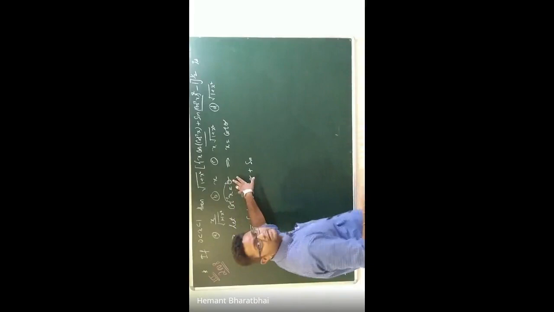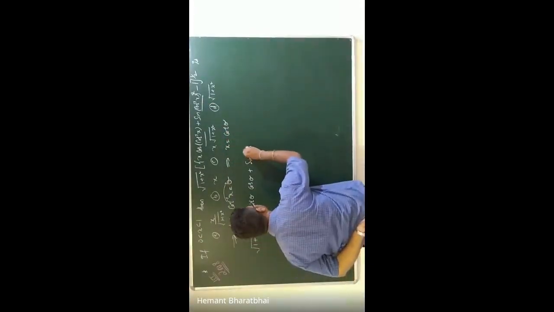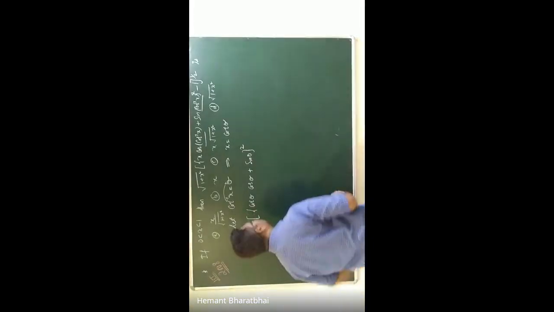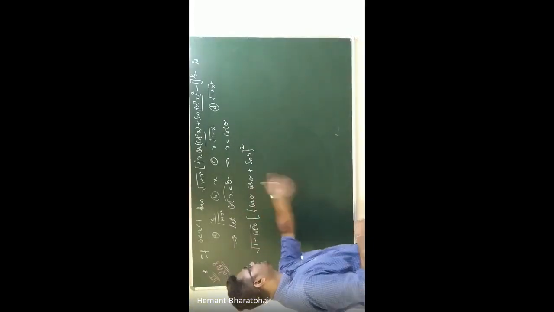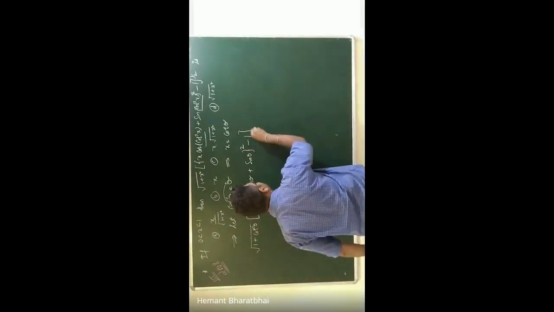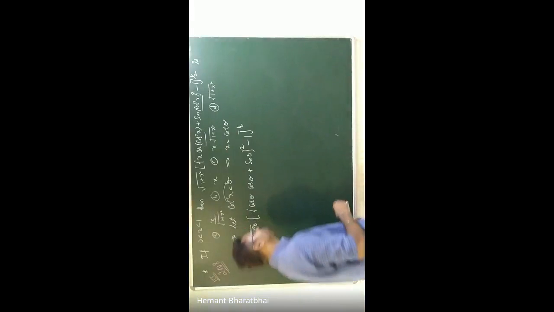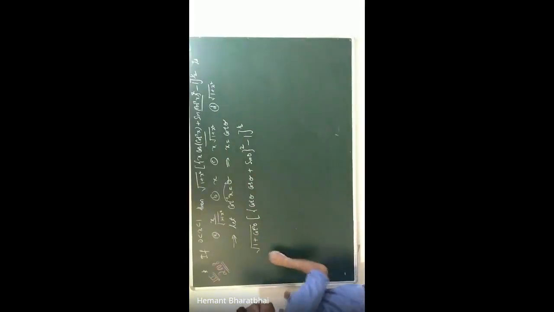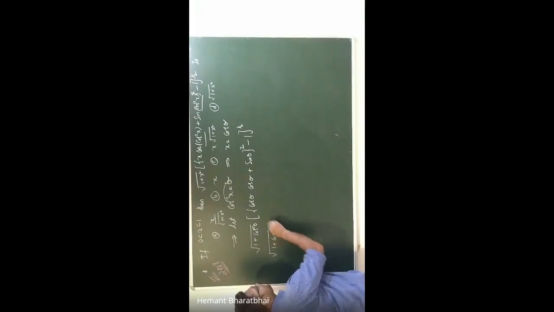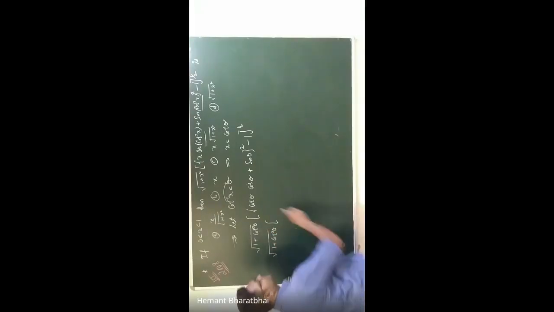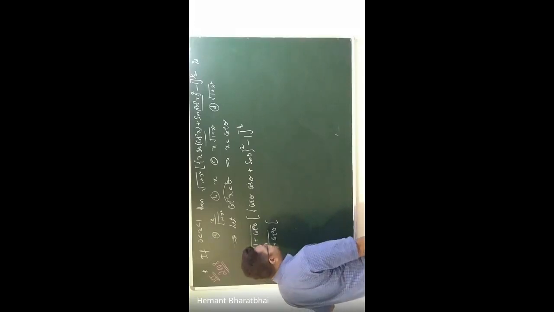sine of cot inverse of x. Cot inverse of x is nothing but theta. So here I will substitute theta, the whole square. So now it got reduced as cot theta into cos theta plus sine theta the whole square minus 1 the whole raised to 1 by 2. So this will become 1 plus cot square theta. So cot theta can be written as cos by sine.